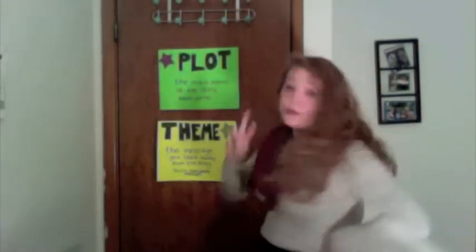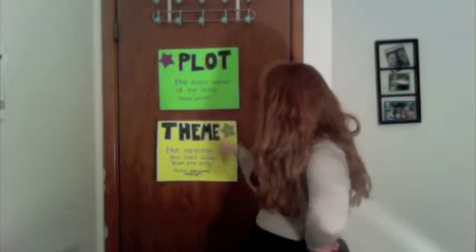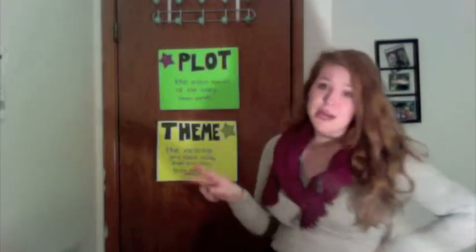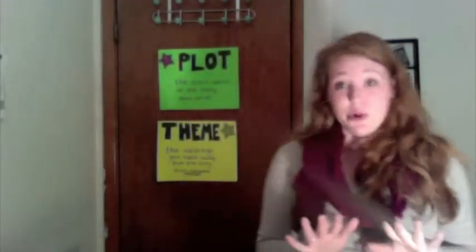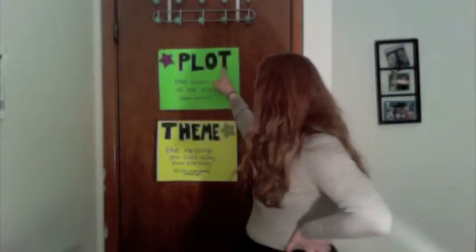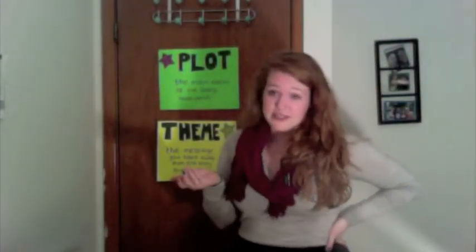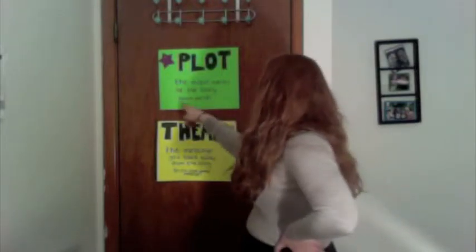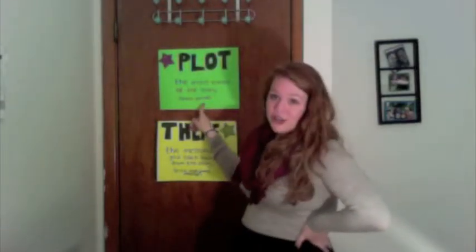On your desk are two note cards, one for plot and one for theme. I broke them down into different colors so that you wouldn't mistake them, because they are two tricky concepts in English, but I have no doubt that with practice you guys will get them. So for plot, or the main events of the story, I wrote a little hint to all of you.